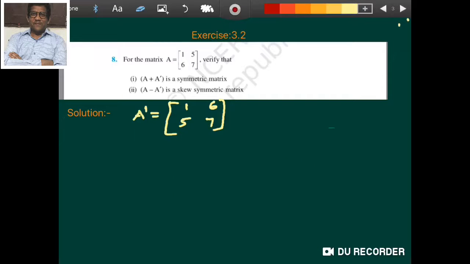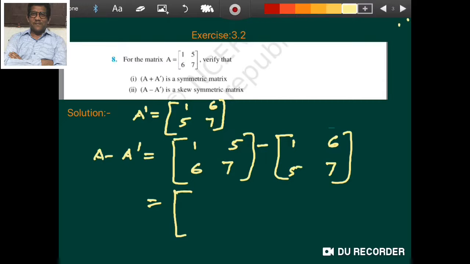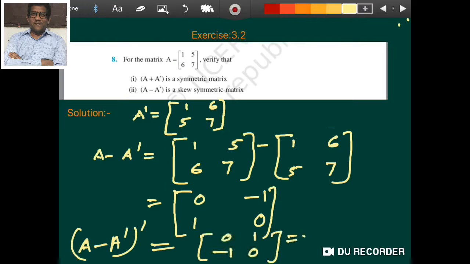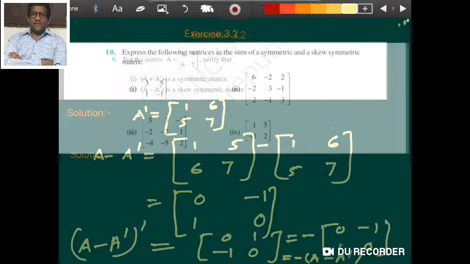Now in the second part we have to show that A minus A dash is a skew symmetric matrix. So we find A minus A dash, subtract as per definition, and we get the transpose of A minus A dash, which is the same as minus of A minus A dash. It means that A minus A dash is a skew symmetric matrix.